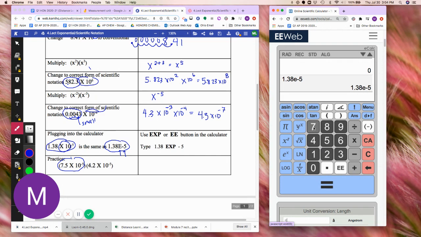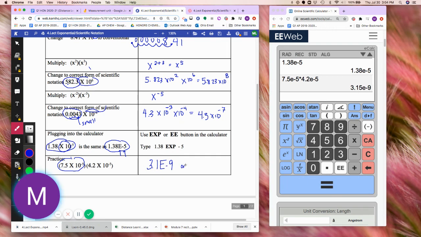You type in 7.5 times 10 to the negative 5 times 4.2 times 10 to the negative 5 equals, and the answer is, the way you write it is 3.1 uppercase E, negative 9.